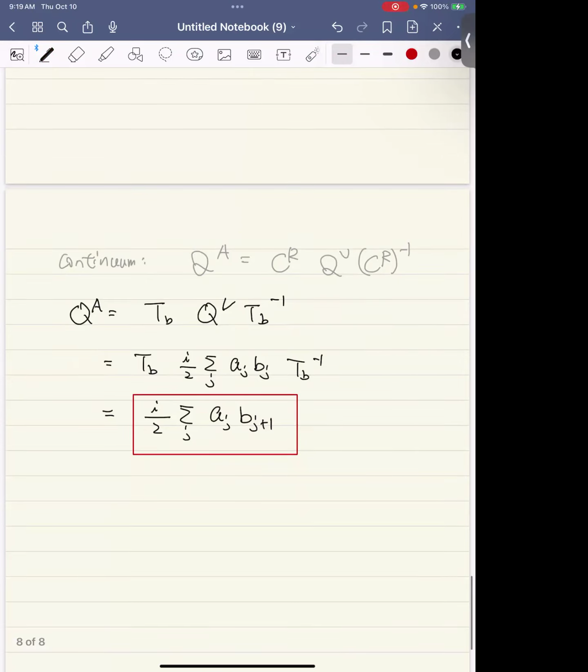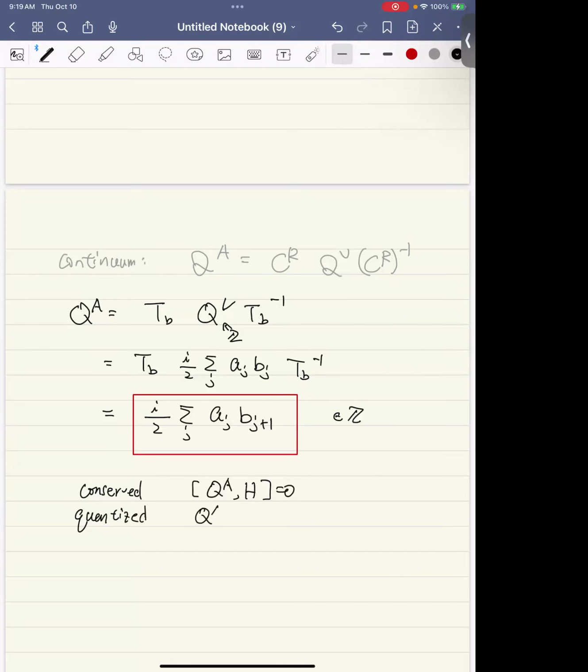Since Q_V has integer eigenvalues, a unitary transformation doesn't change the eigenvalue spectrum. This operator also has integer eigenvalues. So we have concluded that we have found an exactly conserved integer eigenvalue charge. Conserved means that the commutator of Q_A with the Hamiltonian vanishes. Let me call it the quantized axial charge.